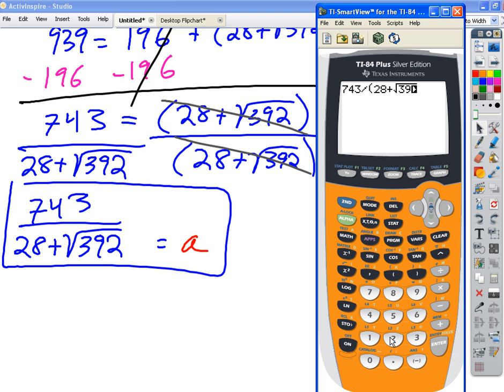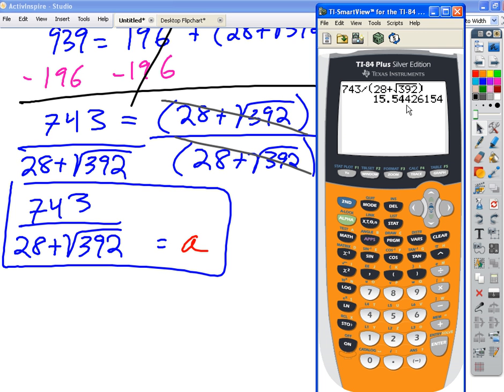And then I've got to close those parentheses. So on a graphing calculator, I'd have to hit the right arrow to get out of the radical, close the parentheses, and if I hit enter, that's my answer. Okay, and if we're supposed to round to two decimal places, I would just get 15.54, right?